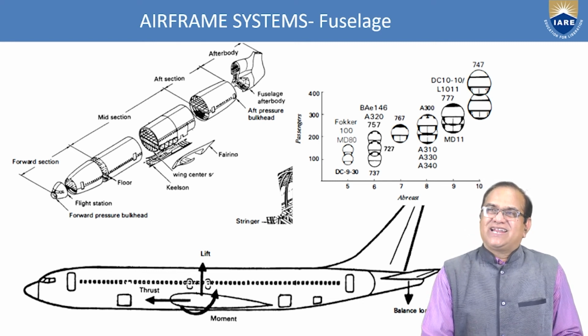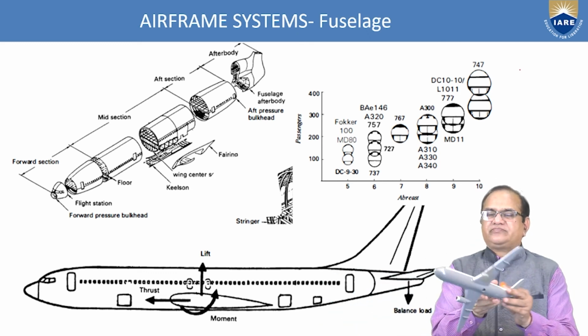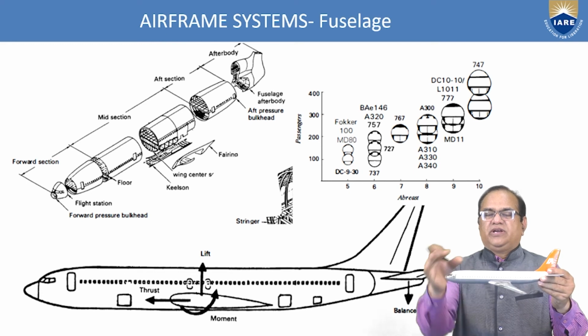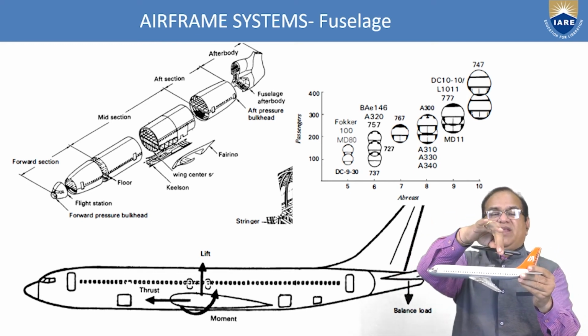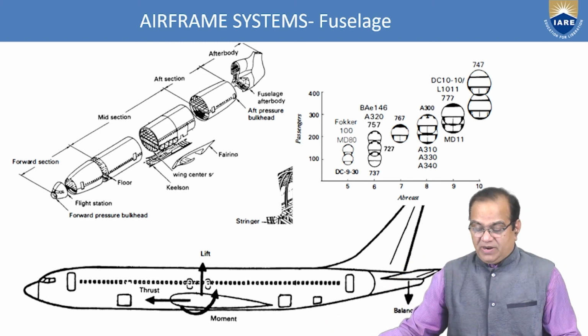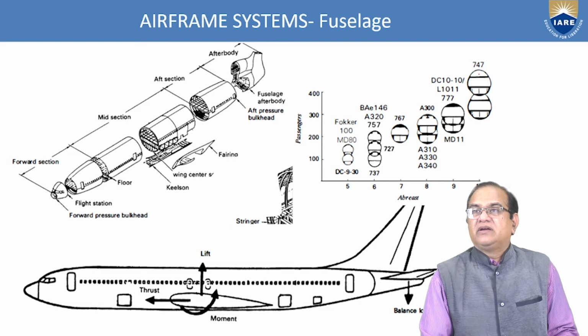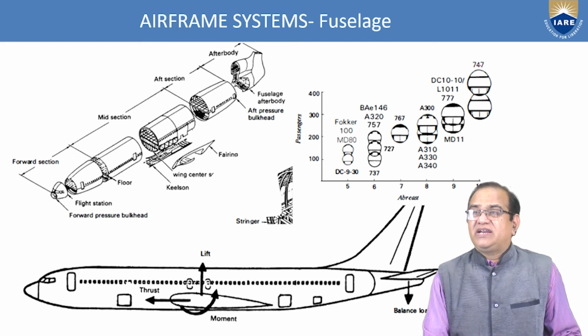Two decks are here. So this is a single one, but from here another deck will come like this. So it is shown here, double decker, big, more than 400 to 500 people can be carried.